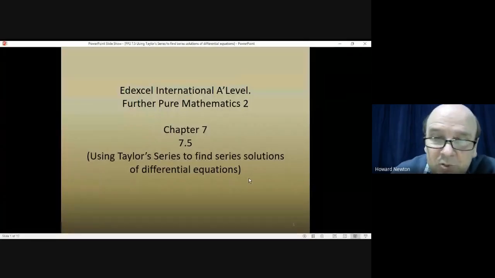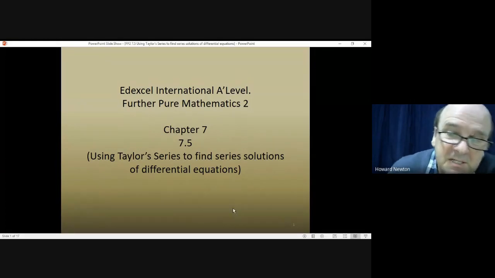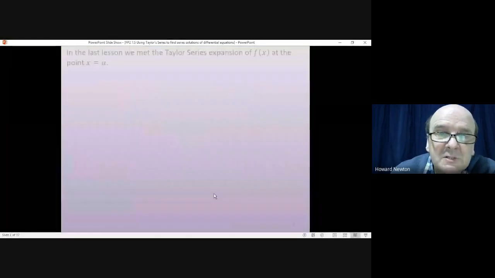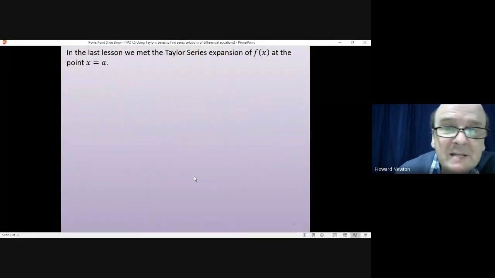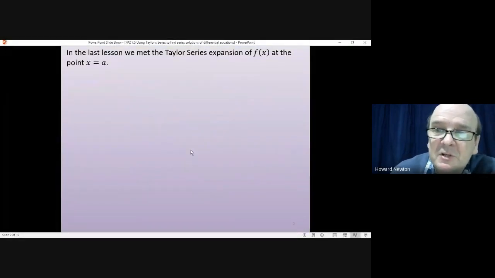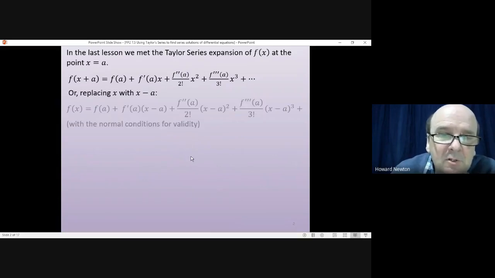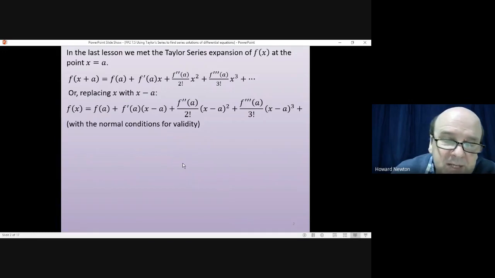And in this lesson, we're on Chapter 7, 7.5, and how you use Taylor's series to find series solutions of differential equations. Now, in the last lesson, we met the Taylor series expansion of f of x at the point x equals a. You can write it like that, or by replacing x with x minus a, you can also write it like that, with the normal conditions for validity.